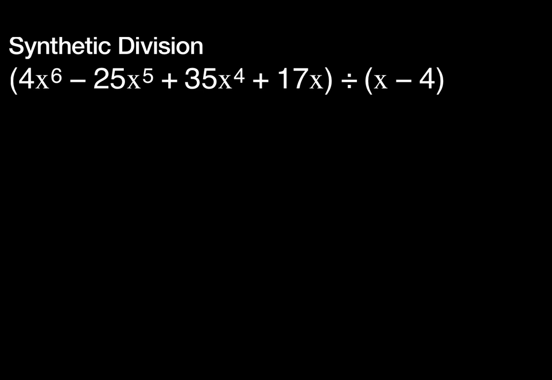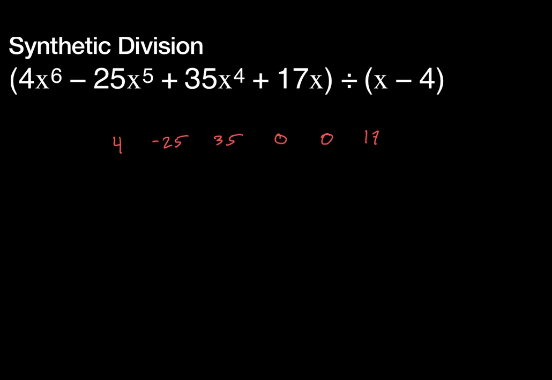So for synthetic division, I will go 4, negative 25, positive 35, and that's for the 6, 5, 4. There isn't an x cubed, so there's 0 x cubes. There's not an x squared, so there are 0 x squareds. There is an x, so that's 17.